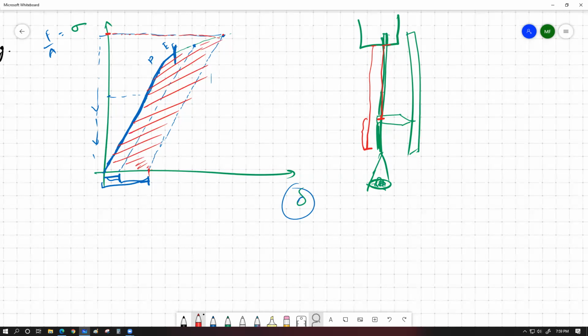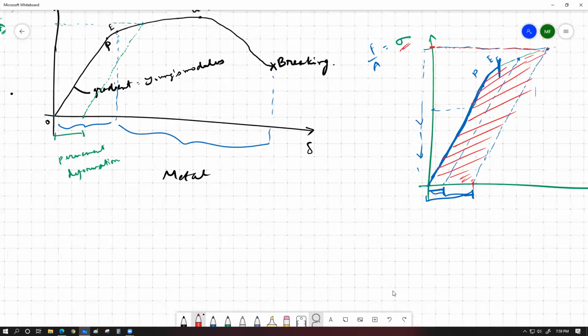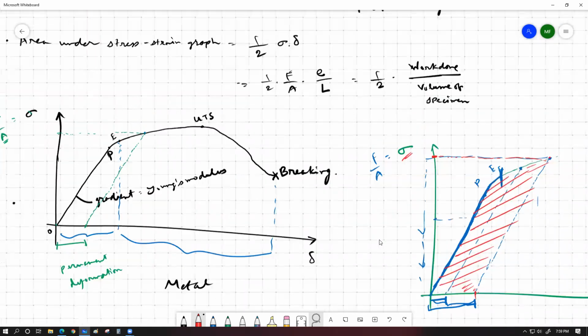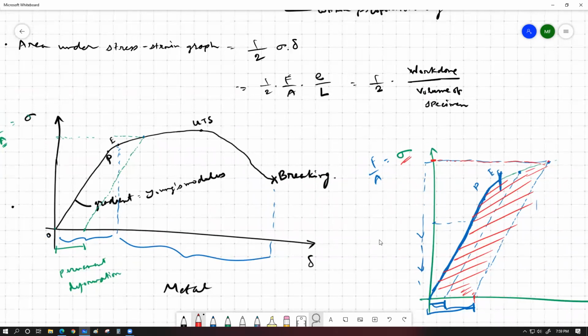But if we are going for a stress-strain graph, this actually gives us a stored energy per volume. What I showed you over here with a little bit of calculation is that if we try to calculate the area under the stress-strain graph, it is going to be half of L sigma 12. I wrote the half considering it was calculated within the triangular part, but this half doesn't essentially have to be a half.